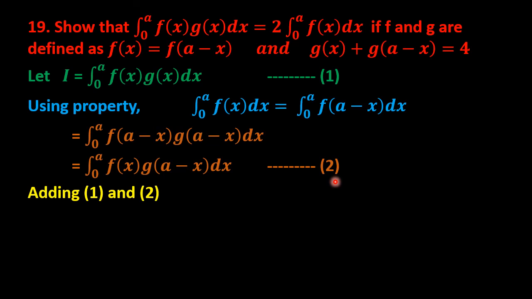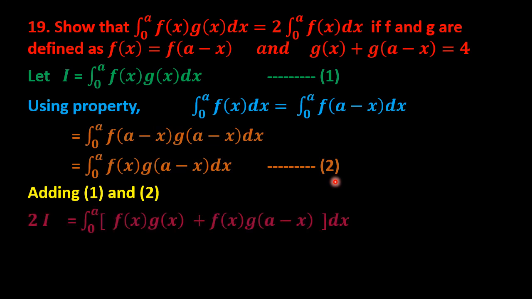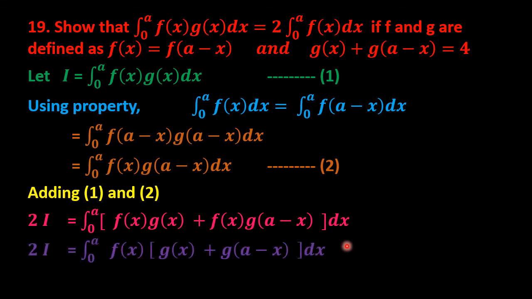So now we add equation number 1 and 2, and in the left hand side we get 2I. In the right hand side it will be from 0 to a within bracket f(x) g(x), which is from equation number 1, plus f(x) g of a minus x into dx. So in this both term within the bracket f(x) is common, then we take the f(x) common, and within bracket it will be remaining g(x) plus g of a minus x into dx.